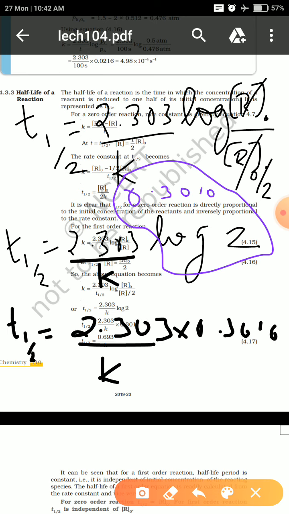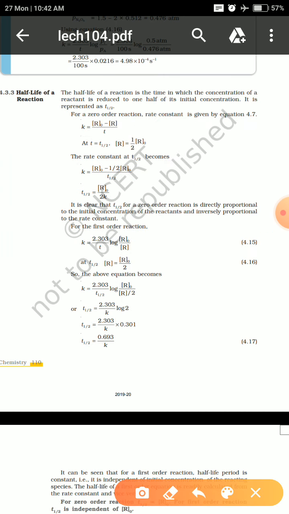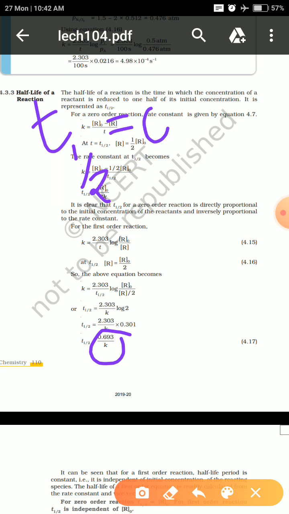If we multiply both these values, 2.303 with 0.3010, the actual value that we will get is 0.693. So the half-life of the first order reaction will be, the equation will be 0.693 divided by K.